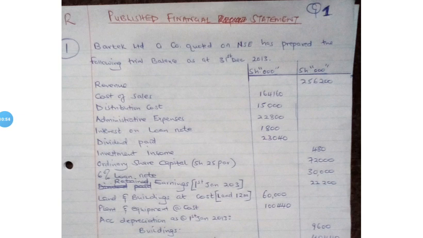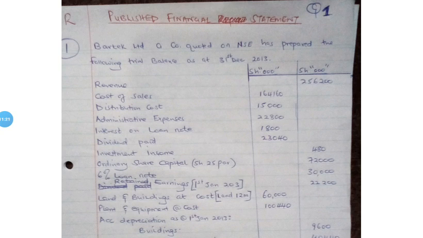After adding other incomes, you less expenses to get net profit before tax. From there, you less income tax, you get net profit after tax, you less dividend, you get retained earnings for the year, you add profit brought down, and then you get the retained earnings carried down. So that is the normal income statement.